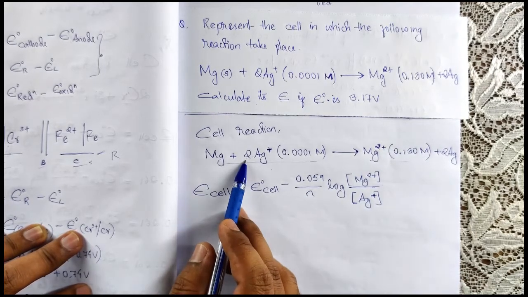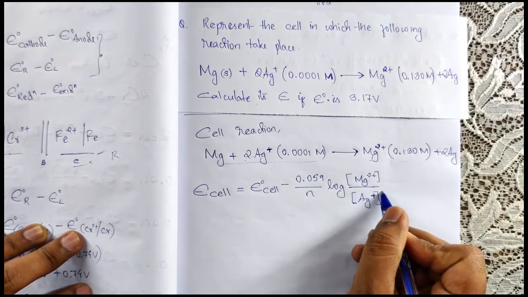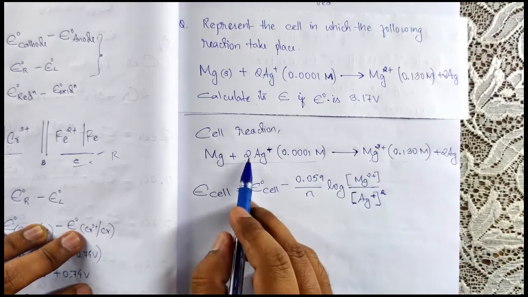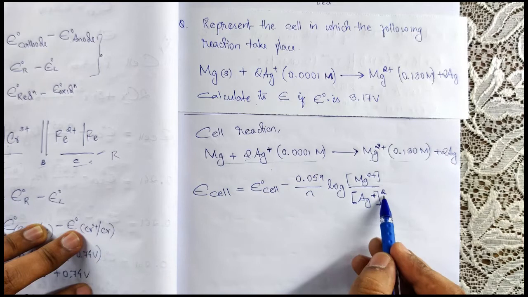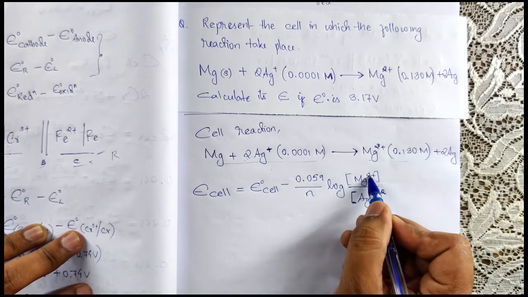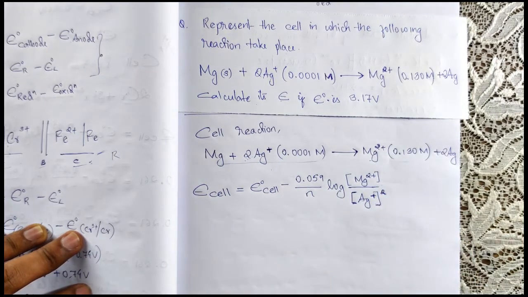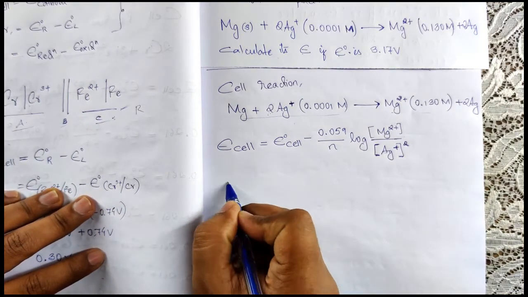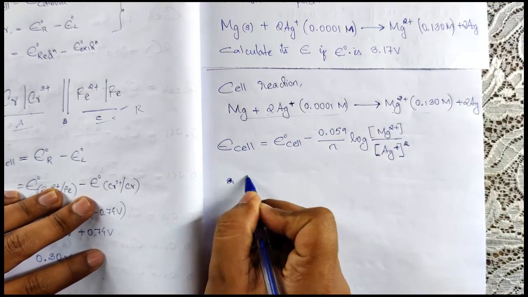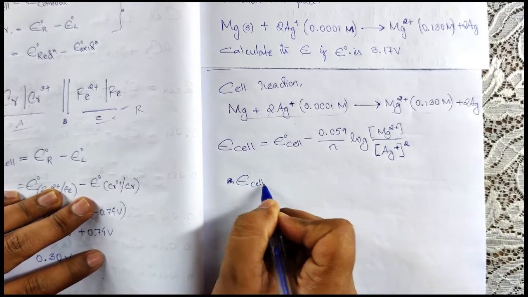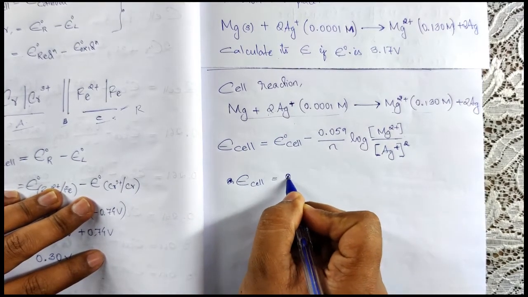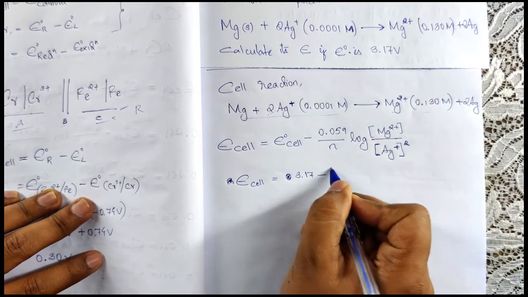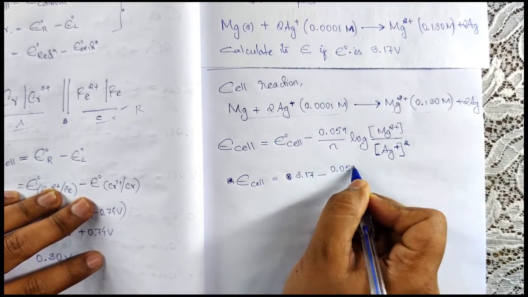This 2 out here, you're going to write it as a power. Whatever number is out here before, you're going to write it as power. Always remember. So now I'll put down the values. So you have E cell is equal to 3.17 as given in the equation, minus 0.059.